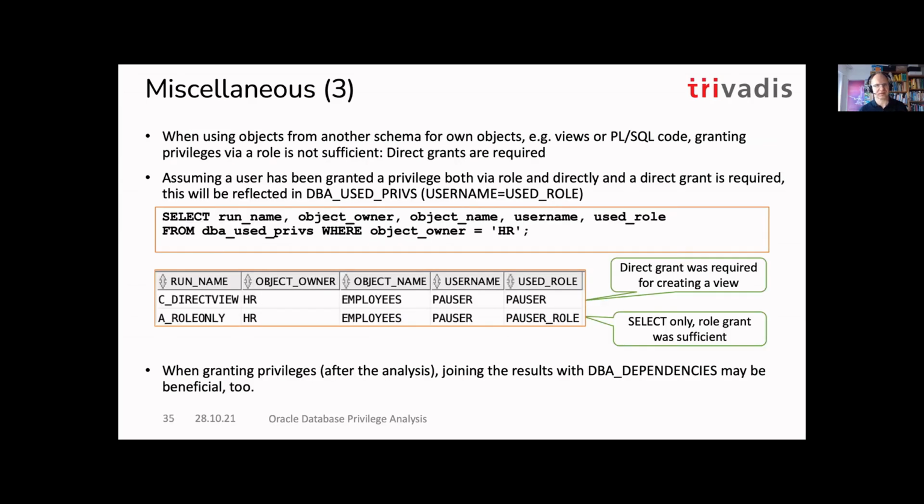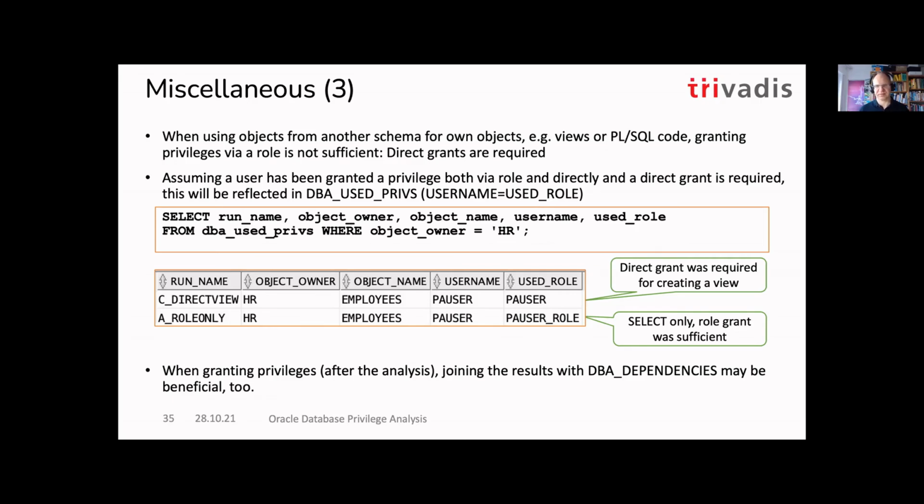Okay. One thing with PL/SQL objects or views, grants via role are not sufficient, as we all know. So direct grants are required. And you can see that when you check DBA used privileges, we have the views role, which is a column here. We have two different privileges on the same table, in this case, HR employees.